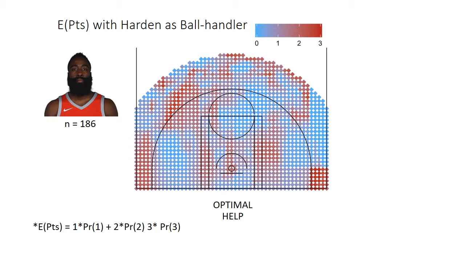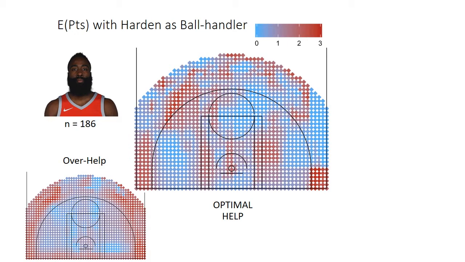But how does this compare to maybe some other help defense scenarios? Because remember, in this specific case, we've optimized help defense at that 300 area. If we overhelp and sag off of some of Houston's other shooters, you can see James Harden starts finding people in the three-point, and Houston scores a lot of three-pointers, essentially more expected points on average than the optimal help area.